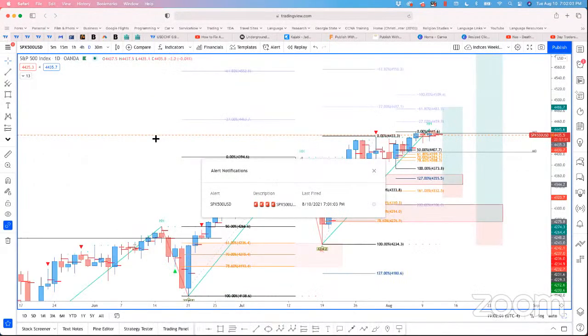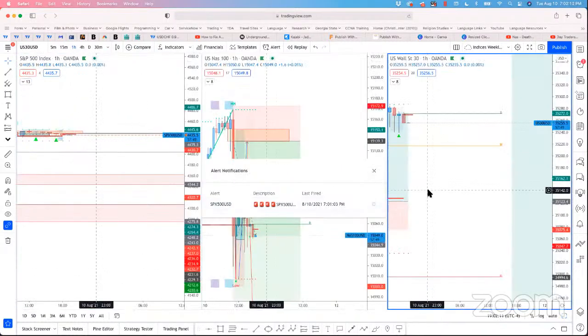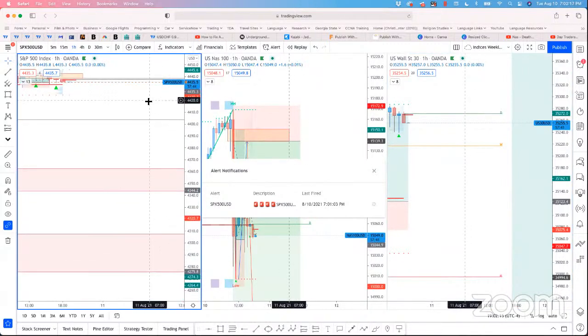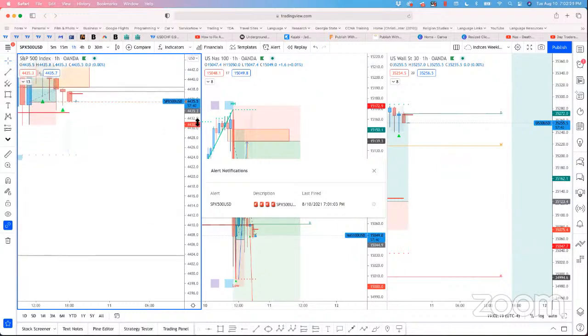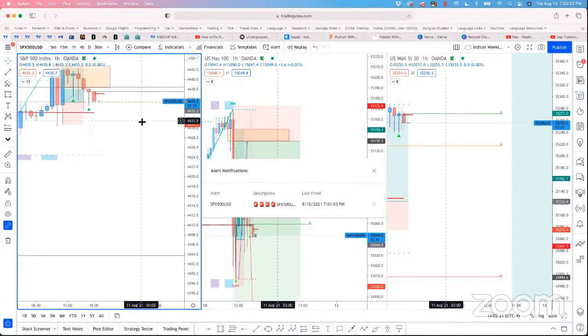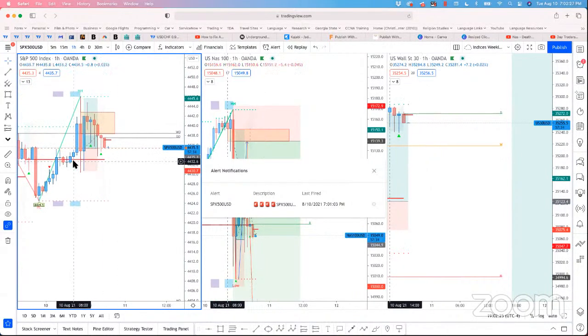I'll probably be looking for a sale on US 30, to be totally honest. I'm going to let it push down first and then see if we get a retrace. If we don't get a retrace, I don't care. I'll just let it do whatever it's going to do, and then I'll look for the buy.